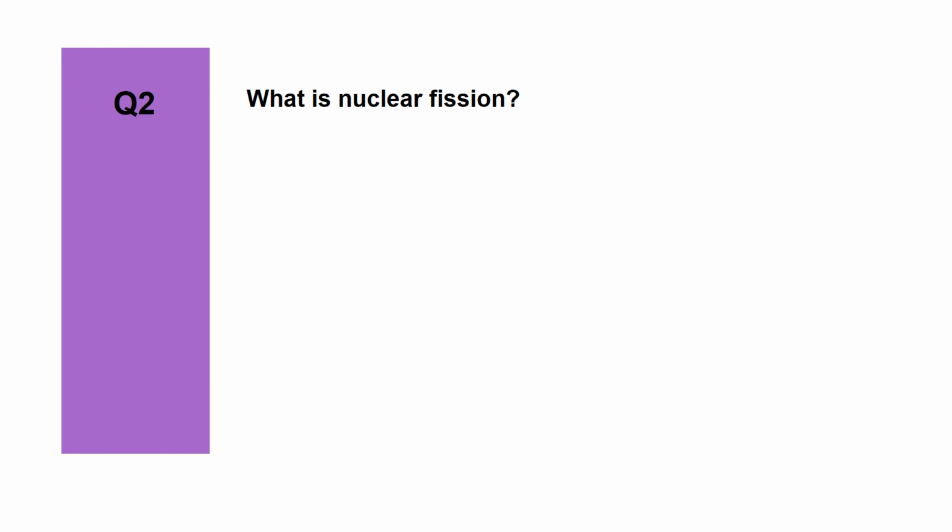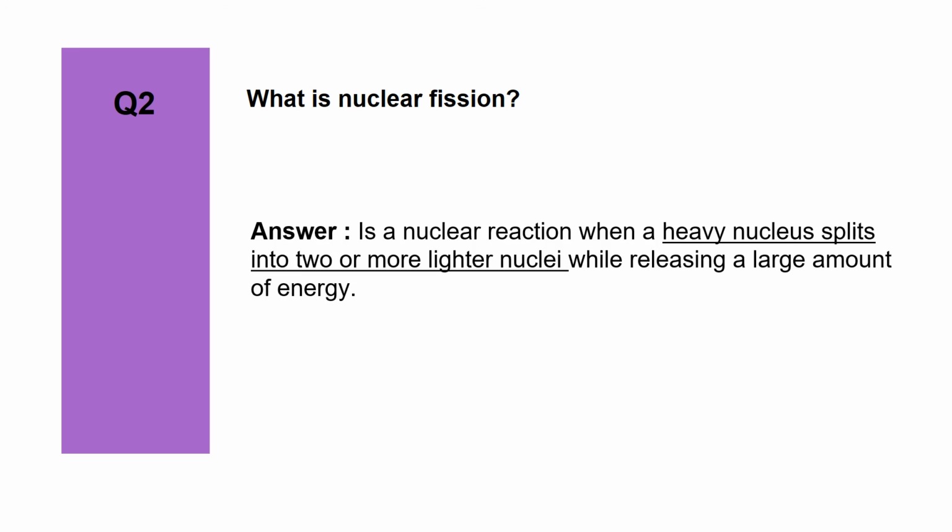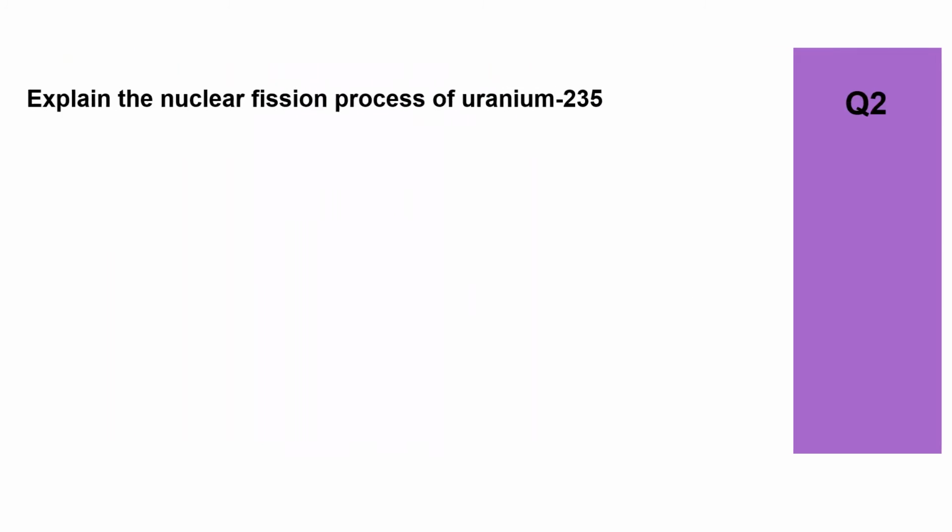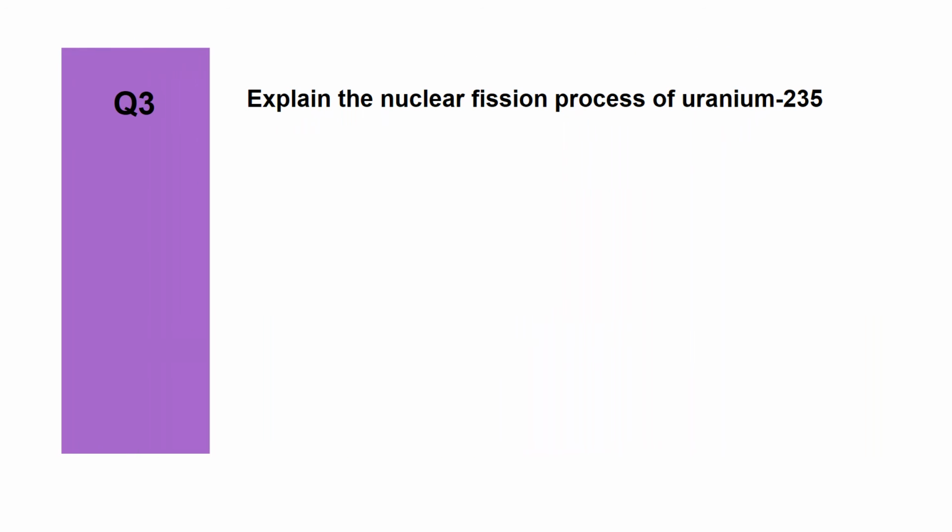Question 2. What is nuclear fission? The answer is nuclear fission is a nuclear reaction in which a heavy nucleus splits into two or more lighter nuclei while releasing a large amount of energy. Question number 3.